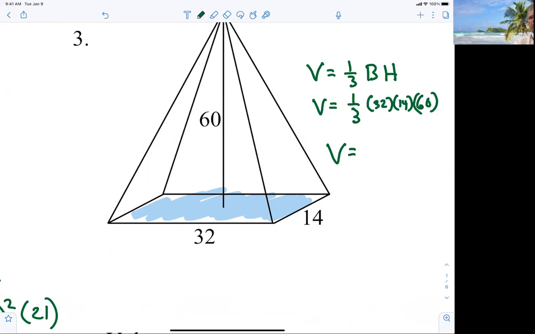What do we got, people? 26,880. Yeah, that's what I wrote. And then units cubed.